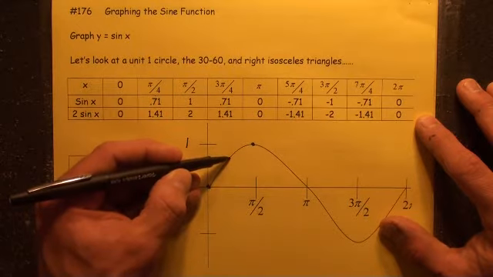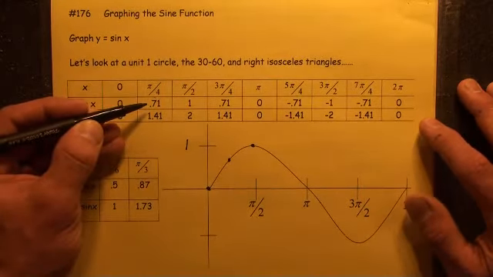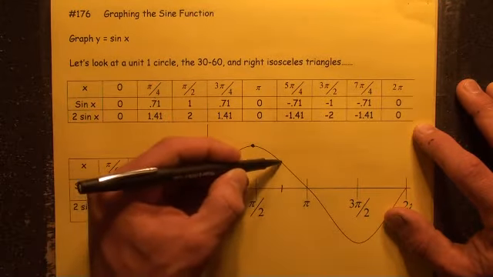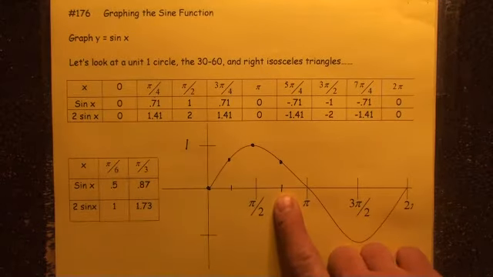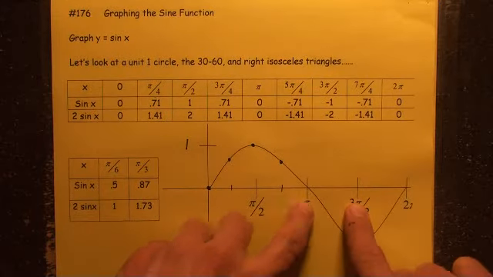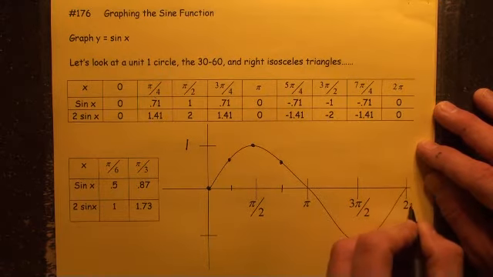Notice how 0.71 is definitely more than half. See how that fits? Then we're back to 0.71 again when you go to the other 45, the 45 degree angle in the second quadrant. Isn't it kind of neat how this is the first quadrant, second quadrant, third quadrant, fourth quadrant? Guys, trigonometry is definitely good times.